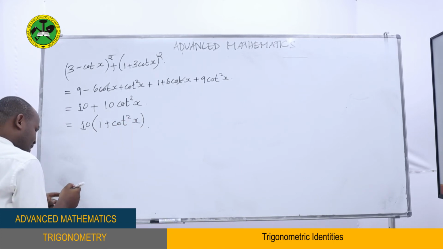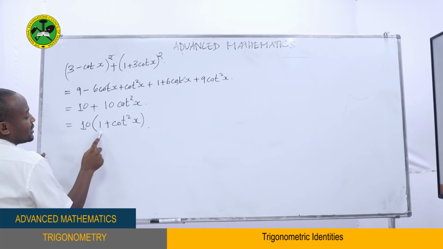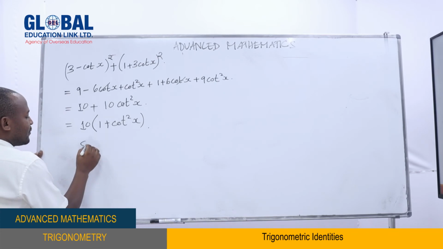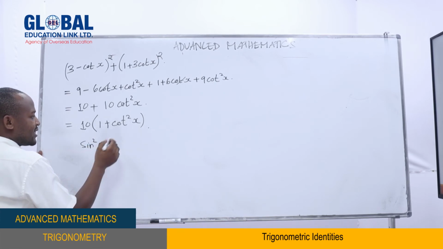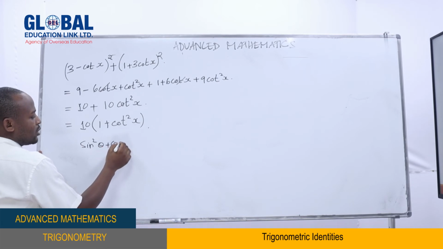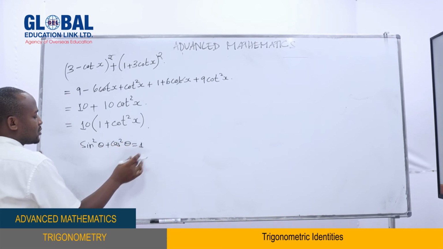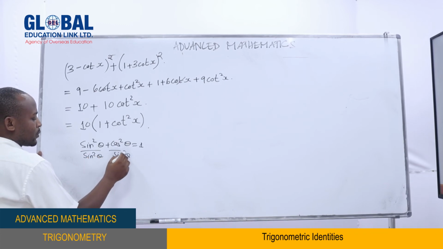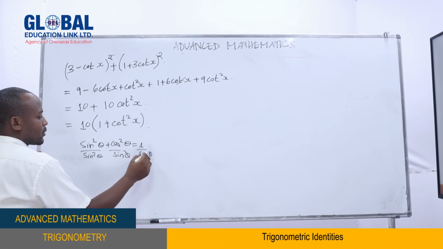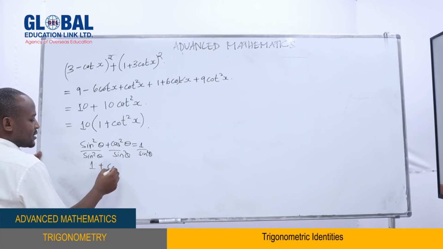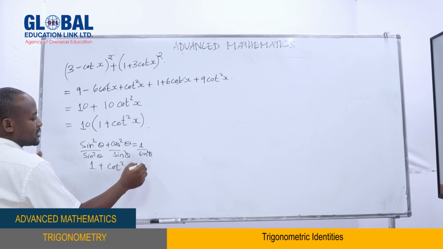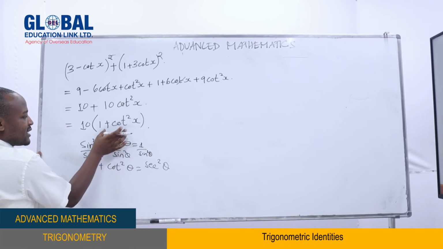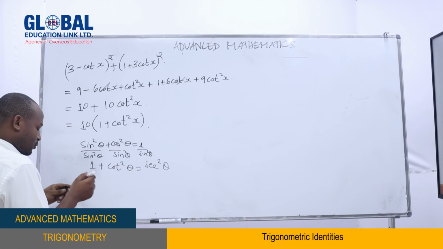But if you remember carefully, you will find that this is also found in the Pythagorean identity. I will remind you, we have sine square theta plus cos square theta is equal to 1. That means if we divide both sides by sine square, we'll be left with 1 plus cot square theta is equal to cosec square theta. Instead of writing this one, we are going to write that one.